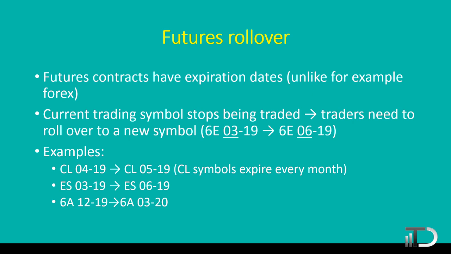So for example, this symbol is a symbol for futures on the euro, which have an expiration date in March 2019. On the 14th or 15th of March, this instrument expires and you can't trade it. And traders shift to a new instrument, which is this one.